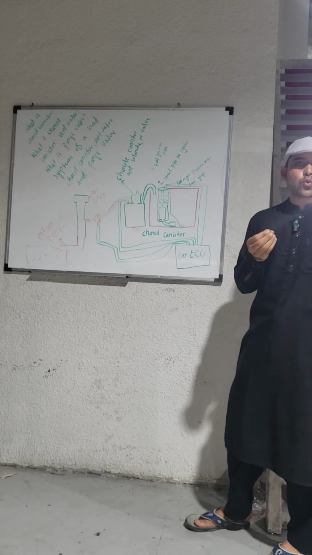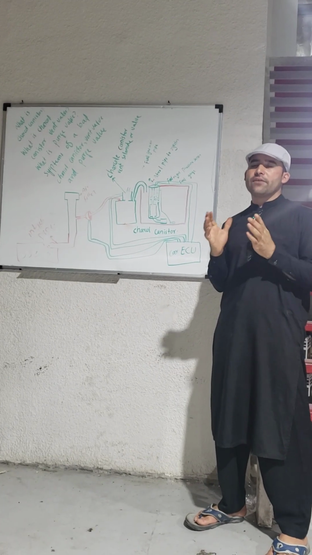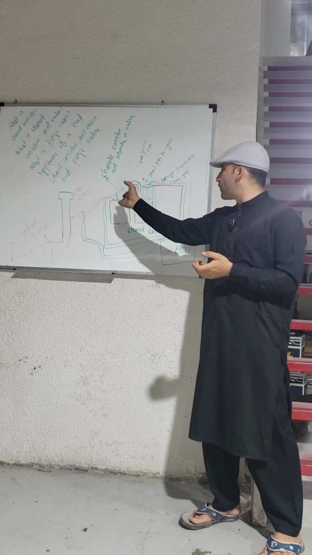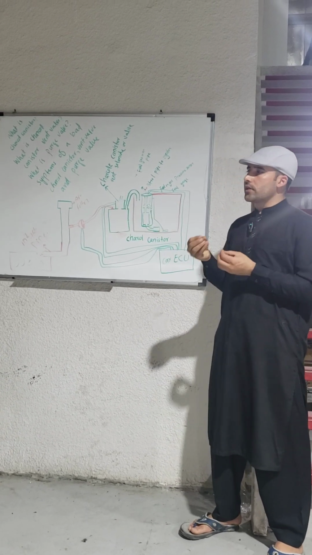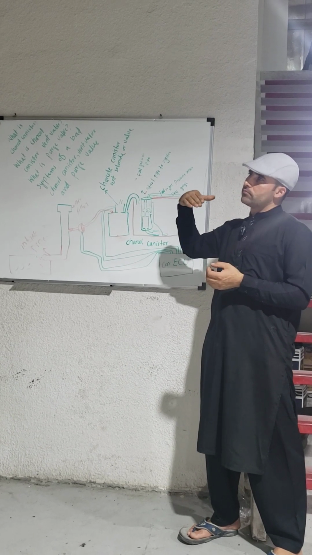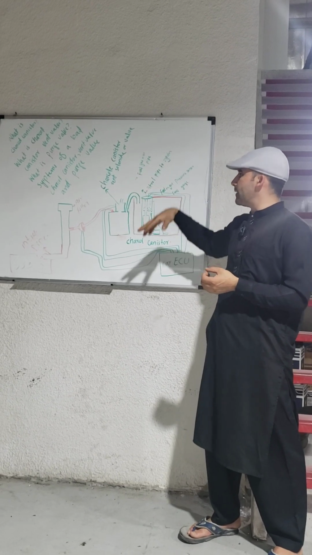What is a vent valve? A vent valve or vent solenoid is a type of solenoid where one side is connected to the charcoal canister, and the second is a pipe which is attached to the frame or whatever, an empty side.